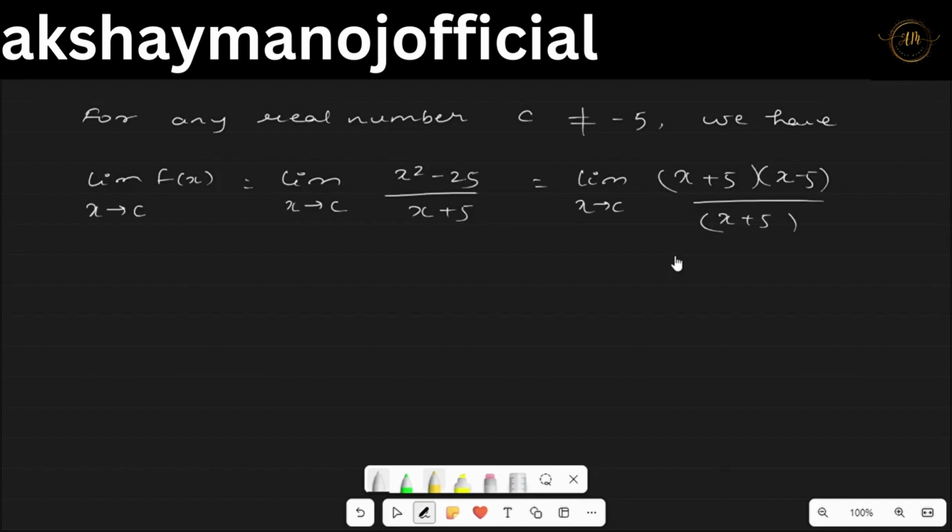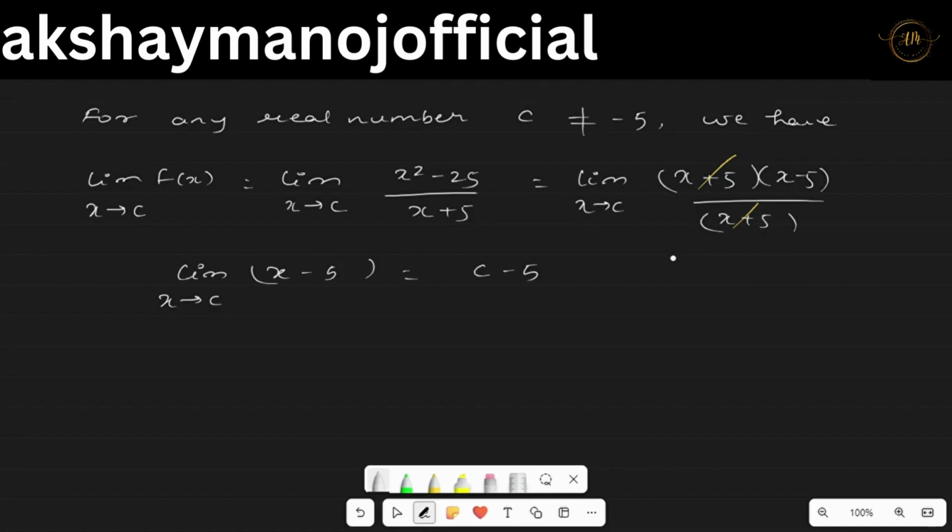We can see that x plus 5 gets cancelled. So limit as x tends to c of x minus 5 is equal to c minus 5.